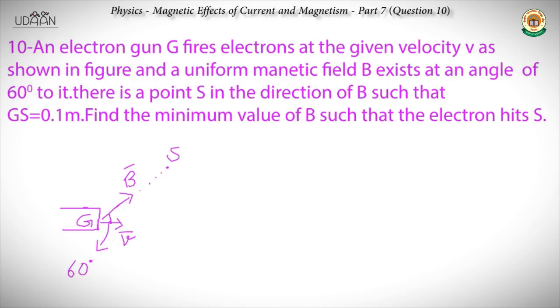Point S is in the direction of B, at a distance of 0.1 meter or 10 centimeter from the gun. We have to find the minimum value of the magnetic field so that the electron can reach point S.